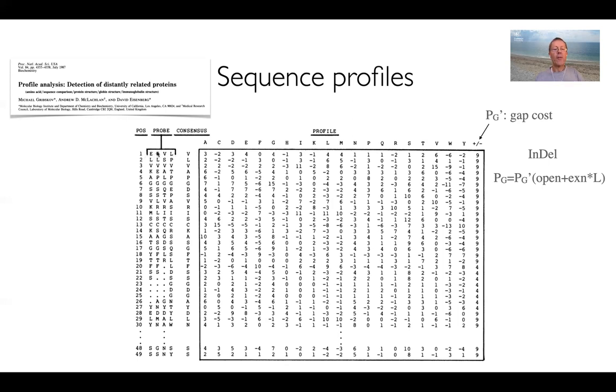Each row here is what in the previous slide was a column in the multiple sequence alignment. So the multiple sequence alignment runs down the vertical axis here, and the amino acids in this case run along the top here. So it's just been turned by 90 degrees.